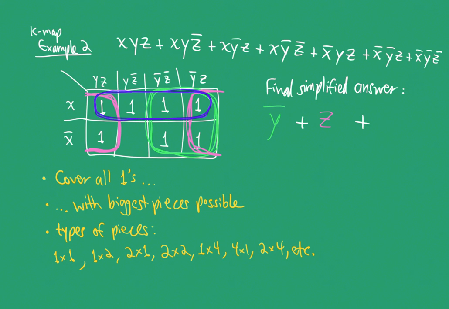And so we have YZ plus YZ bar plus Y bar Z bar plus Y bar Z. And if you use distributive property and the unit property and whatever other properties you need, all of this stuff added together is just going to become 1. So you're going to have 1 times x, which gives you x as the last min term for the final answer.